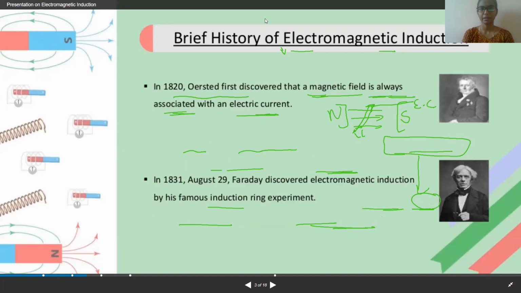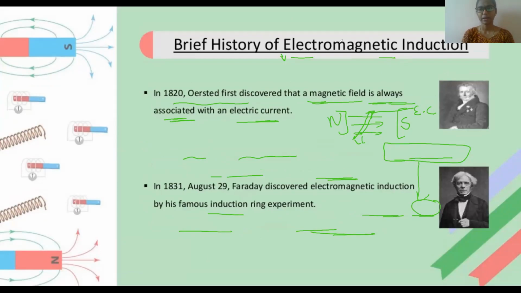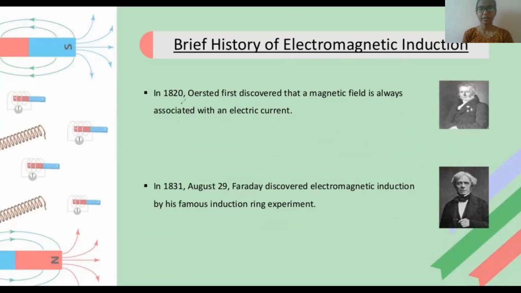The brief history of electromagnetic induction: it is given by Faraday, the English scientist. In 1820, Oersted discovered that a magnetic field is always associated with electric current.